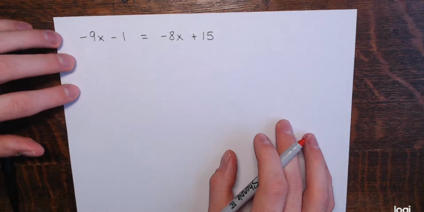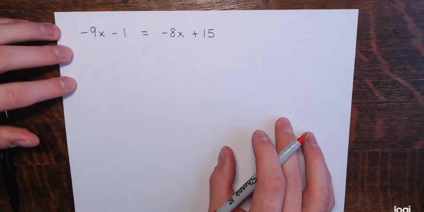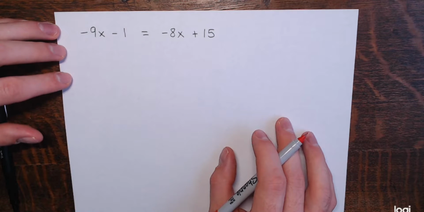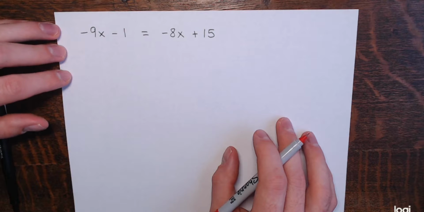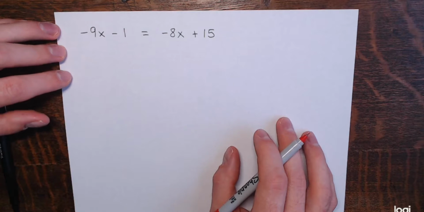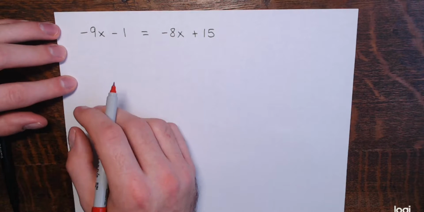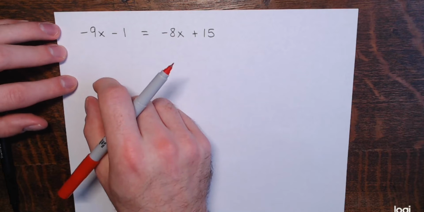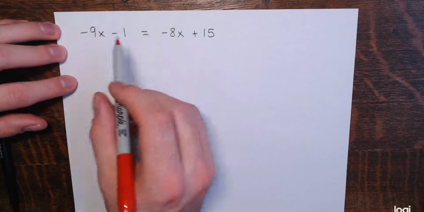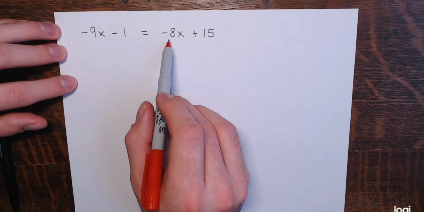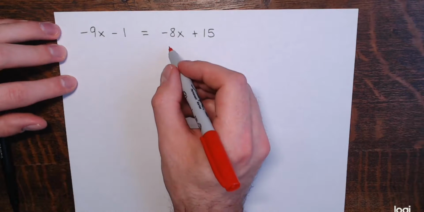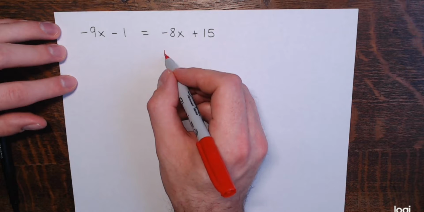You know, most people, for some reason, like taking all the variable terms to the left side. It really doesn't matter. You just pick a side. Let's say we take them to the left side. I know the right side would probably be easier if you think about it, but so let's keep this negative 9x over here on the left, and then take the negative 8x away by adding 8x.